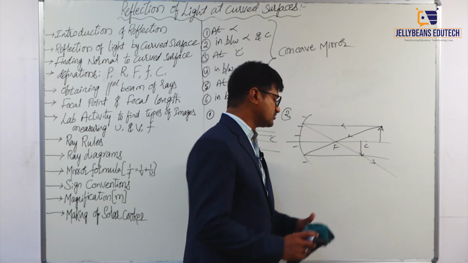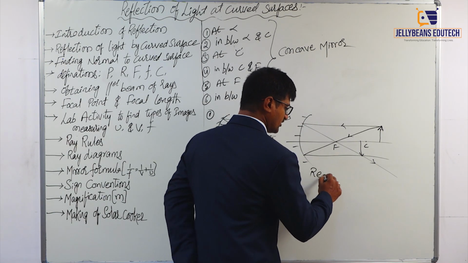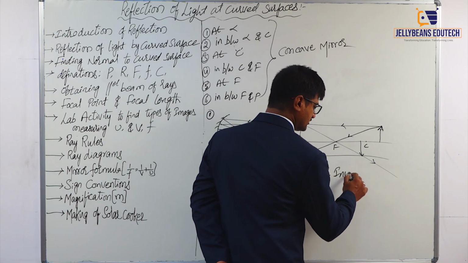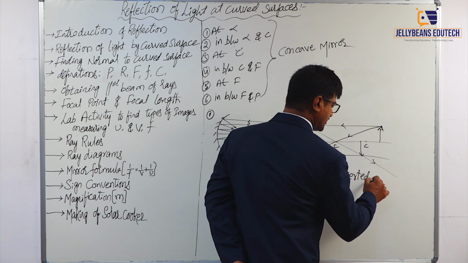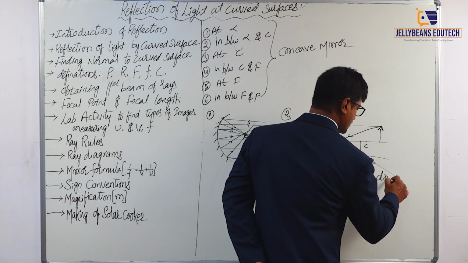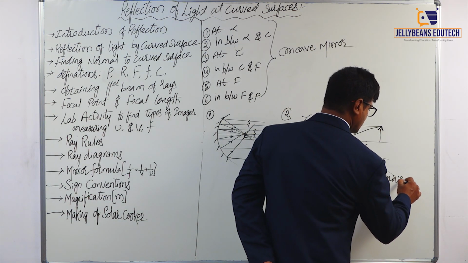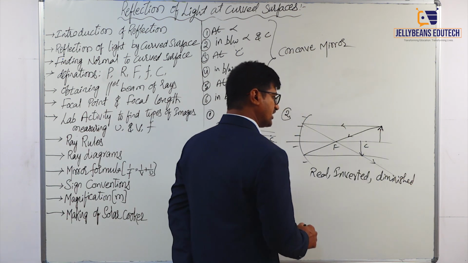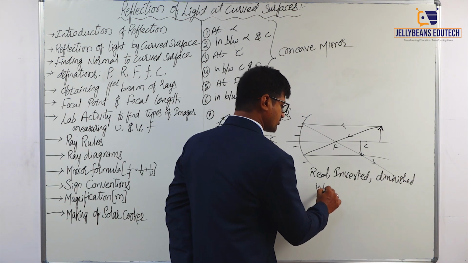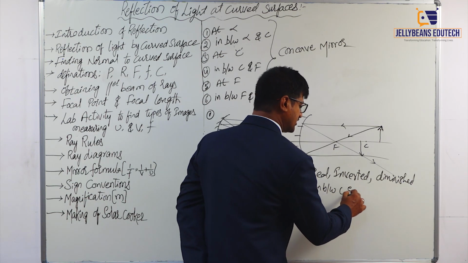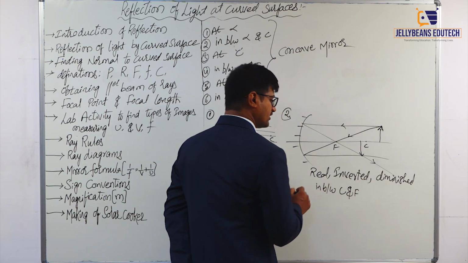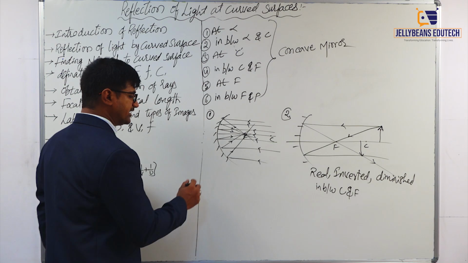And here in this also, the image is real, inverted, diminished, and the image is formed in between C and F.